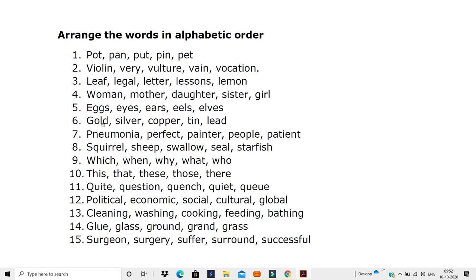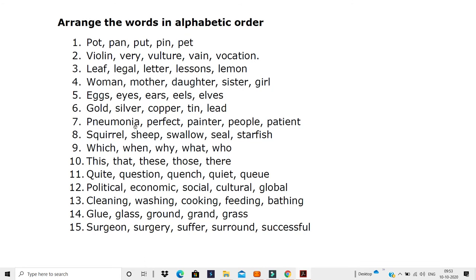Then you will see these two, both their second alphabets are the same, that is E. So now you look at their third alphabet. This starts with R and this is O. So which comes first? L, M, N, O, P, Q, R, so O. So people you will write, then you will write perfect. And the only thing left is pneumonia.